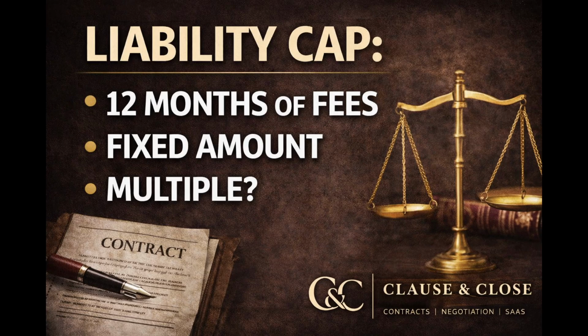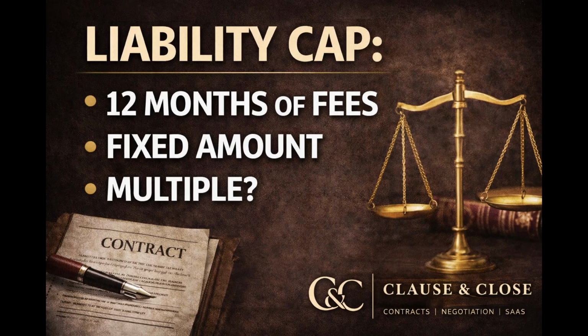You can say, in a technically sound way, we cannot accept a liability level that is disconnected from the economic value of the contract. The cap needs to remain proportionate to the revenue generated under the service. That position is generally understandable and defensible.